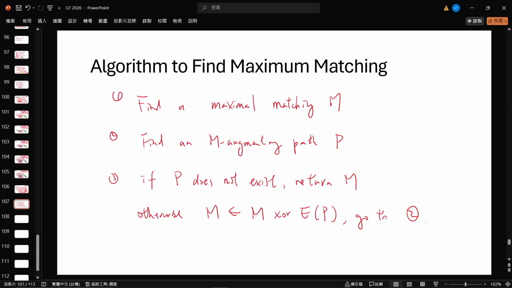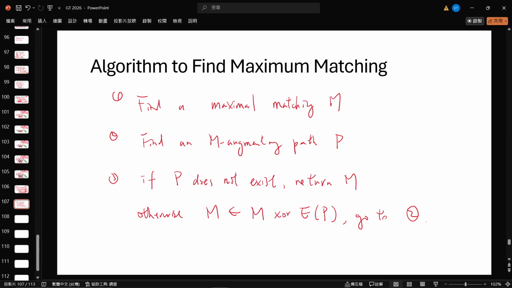Okay, so I said that the algorithm is kind of brute force. Try all the possible alternating paths, okay? So in some sense, the algorithm is correct.